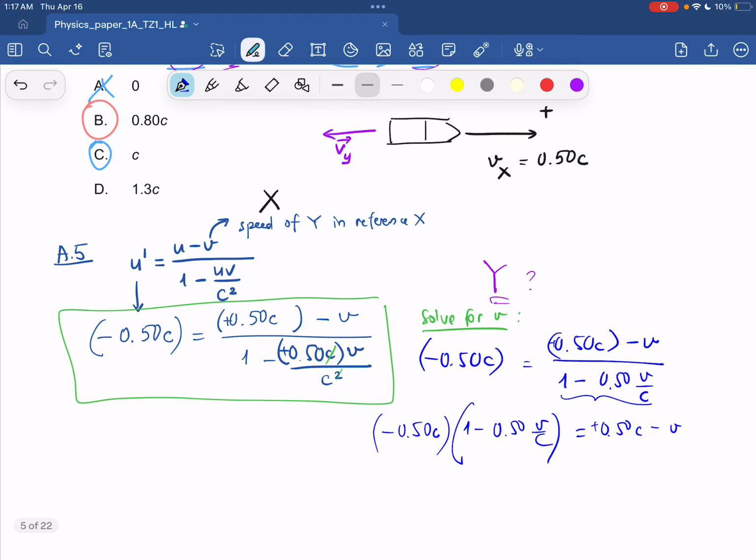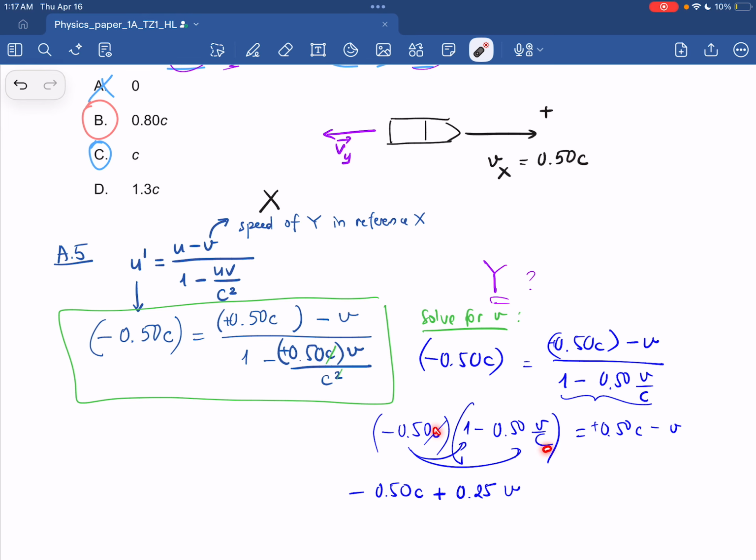We need to distribute it in as well. So c minus 0.25, and this is also just the v left, because c and c cancel out each other already. And then you got plus another half c minus v.